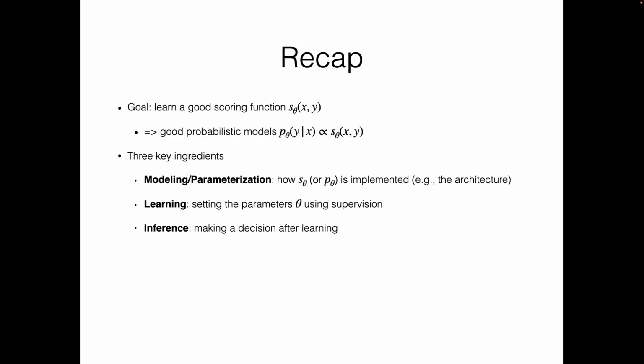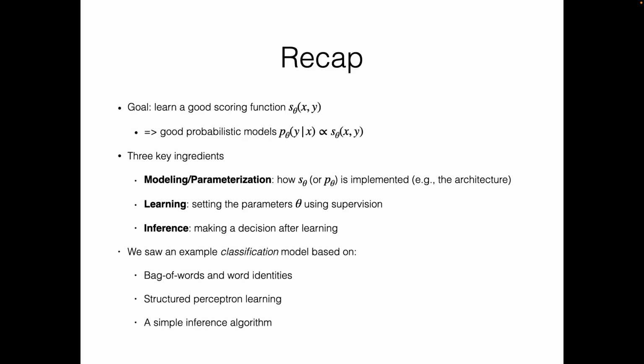This is basically what decisions do you make about how you compute this scoring function in the first place? Like what neural network architecture are you using? Do you have different assumptions on the form and things like that? Then I talked about learning, so setting the parameters using supervision, and then inference.